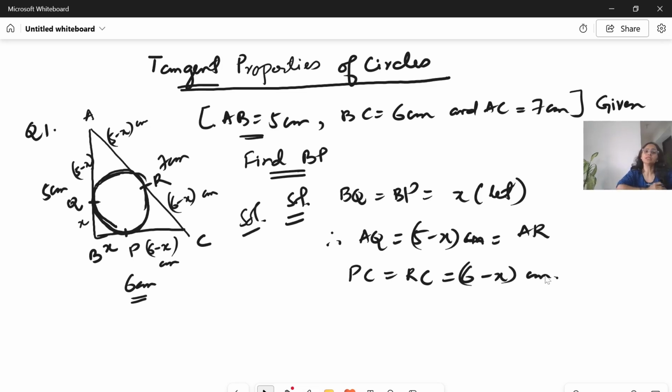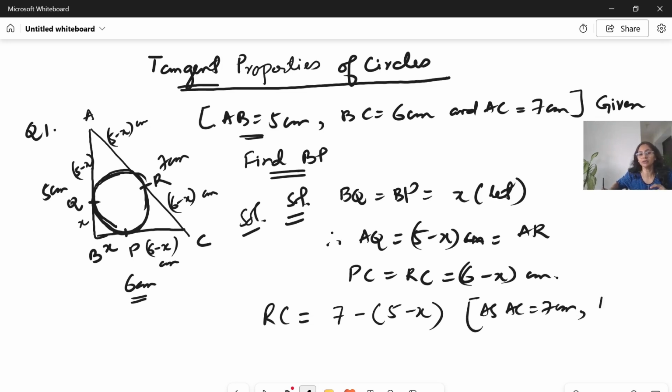And we can also see that RC, which we have written as 6 minus X, can also be written as 7 minus (5 minus X). Why? Because AC was 7 and AR is 5 minus X. So here AC is equal to 7 centimeter and AR is equal to 5 minus X centimeter.